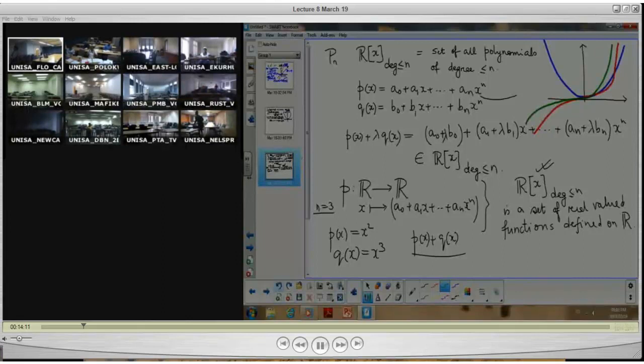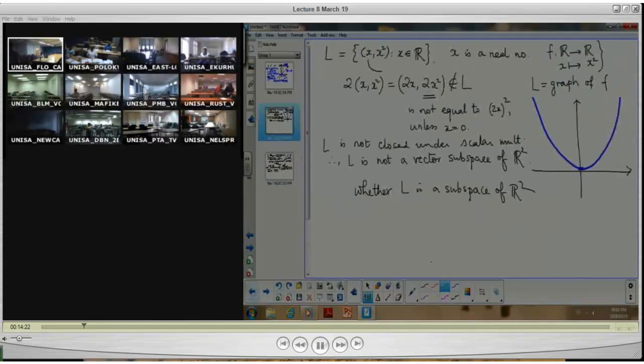So the question is completely different. Here the vector space is the vector space of functions. Here the vector space is R^2 and we are interested whether one particular graph is a subspace or not.